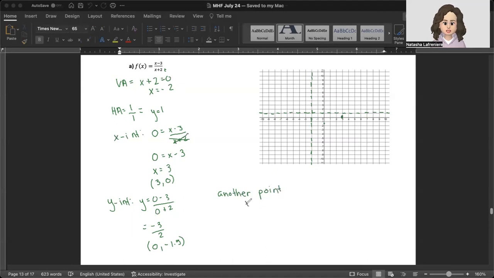So we can set x equal to negative 1.5 into our equation, plus 2, which will give us negative 4.5 over 0.5, which will give us negative 9. And so if we have here, that's our other point.